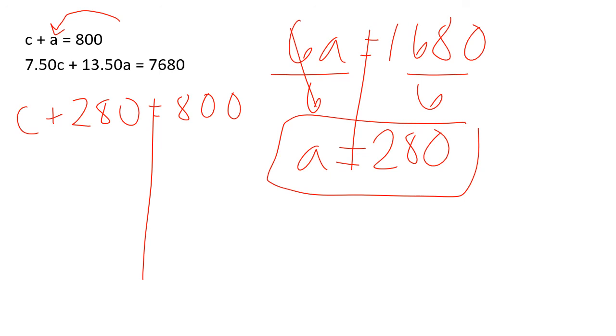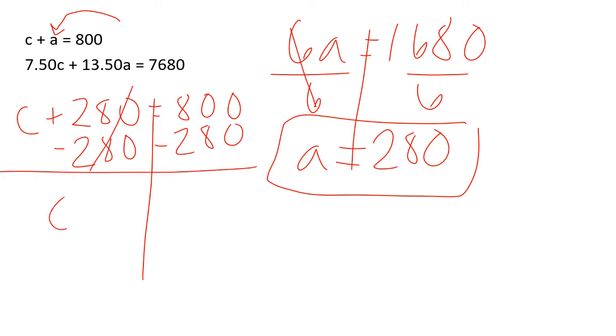Well, we subtract 280 here, subtract 280 here, and we end up having 520 tickets. So 520 tickets plus 280 tickets.